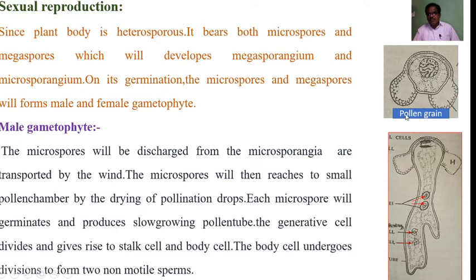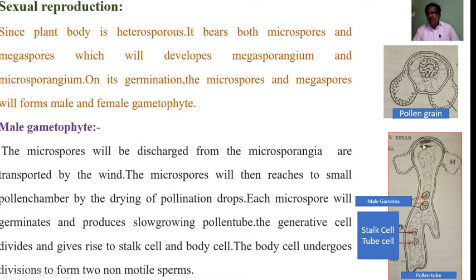The tube cell forms the tube known as the pollen tube, and the generative cell divides into two cells, the body cell and the stalk cell.